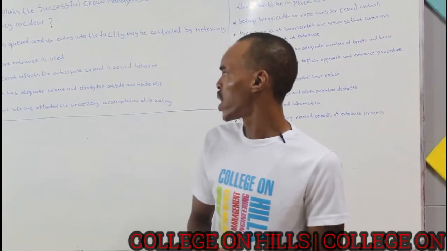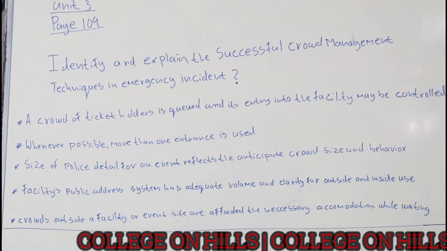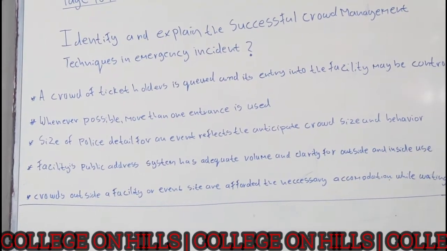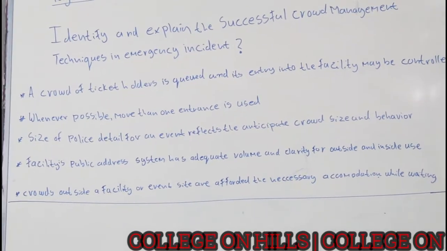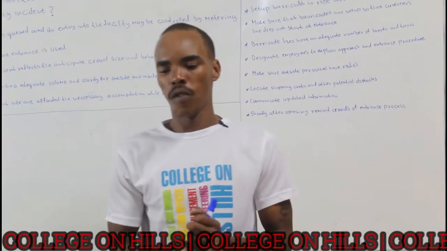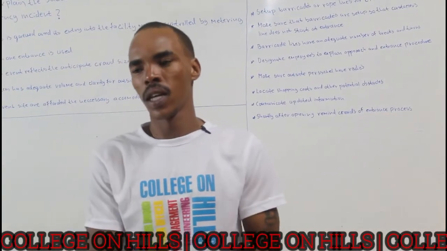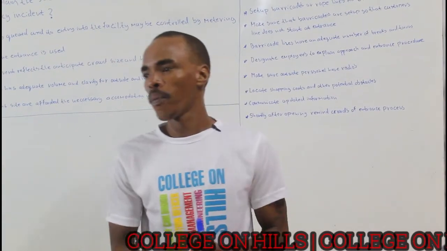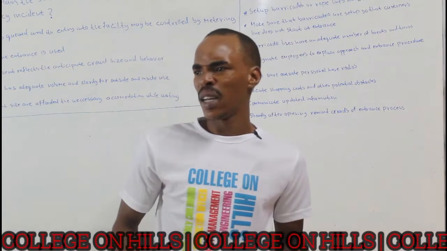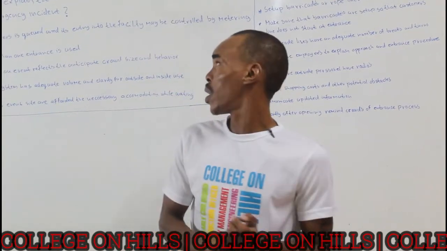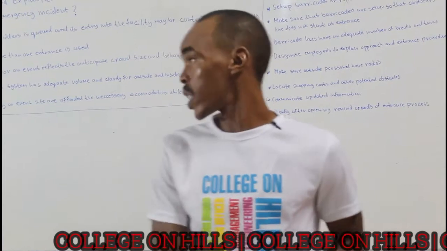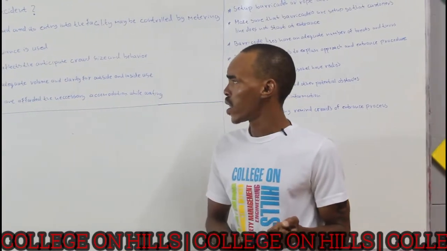The second point: whenever possible, use more than one entrance. This is true. At an event, when we have more than one entrance, it is easier for people to get inside the place of the event, and by so doing, we're limiting injuries and whatnot by adding more entrances to our event.